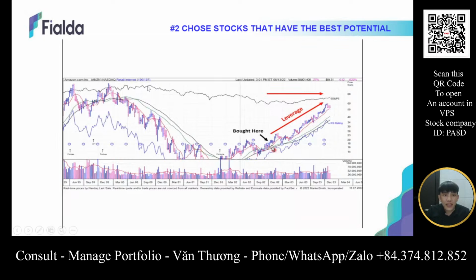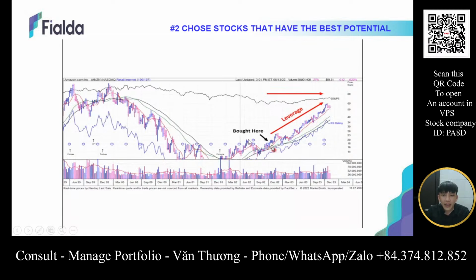You can see here, when the general market is in a downtrend, the leader stock is in a downtrend as well. But in this area, you can see here, while the general market is in a downtrend, the leader stock makes a new high, right? In an uptrend.